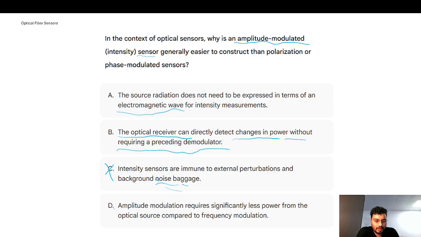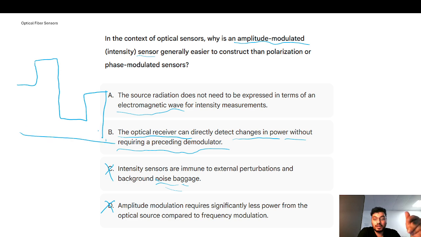The last option is amplitude modulation requires significantly less power from the optical source compared to frequency modulation. It is not correct, because it doesn't depend on the power. It should be more than that, because we are playing with the intensity, whether higher or lower or zero, something like this.